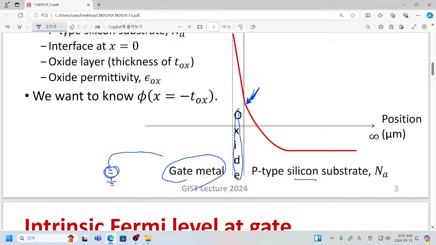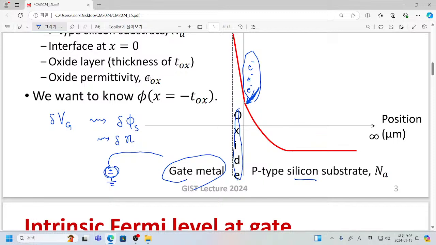Although our ultimate goal is to change the number of electrons collected at this point, this is not directly accessible, so we always have to change the gate voltage, which is eventually transferred to a change of surface potential. And when we change the surface potential, that will introduce a change of our electron density.